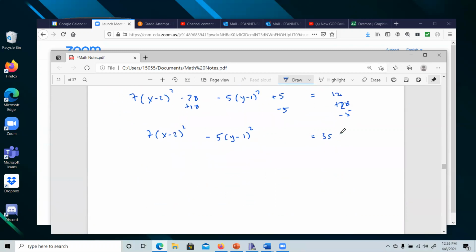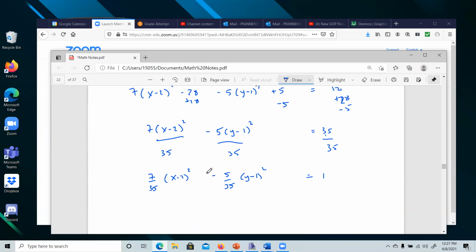Almost there. Got to divide everybody by 35 because standard form for a hyperbola has a 1 over here. So this is going to be 7/35 times (x minus 2) squared minus 5/35 times (y minus 1) squared is equal to 1. What is 7/35?